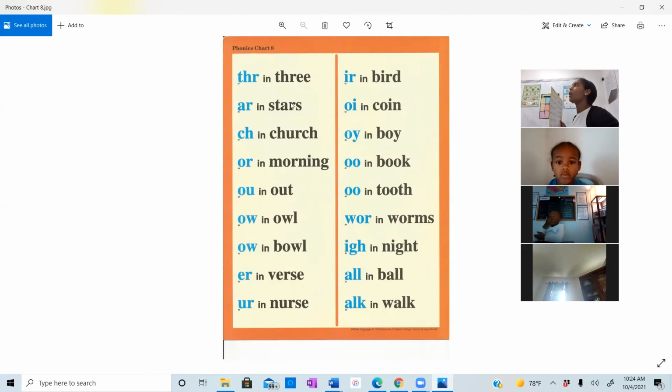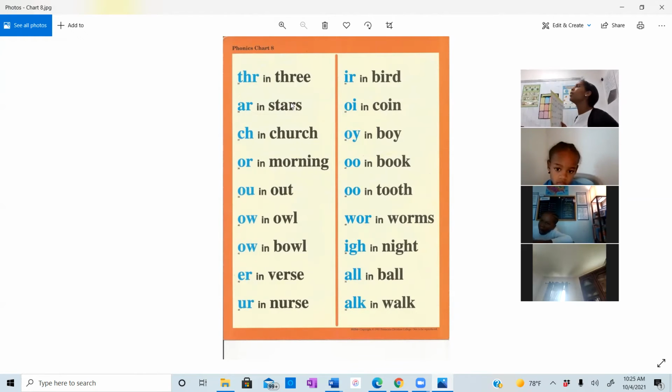ER says in verse. UR says in nurse. IR says in bird. OI says oi in coin. OY says oi in boy.